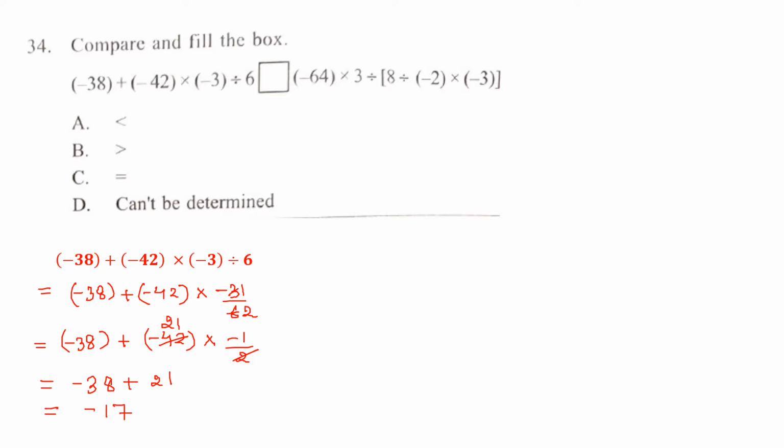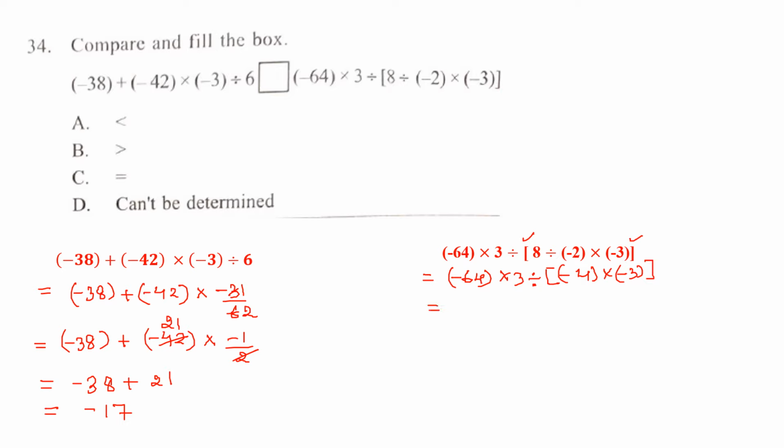Right? Now I'm going to solve the second part. So here again I'm going to use BODMAS. So first you have to do the work of this square bracket. So minus 64 into 3 divided by, now inside the bracket also you have to follow BODMAS rule. So first you have to do the division. So 8 divided by minus 2 will give you minus 4, multiplied by minus 3.